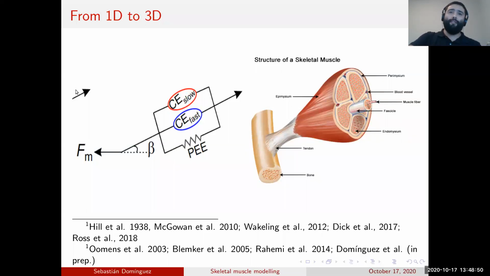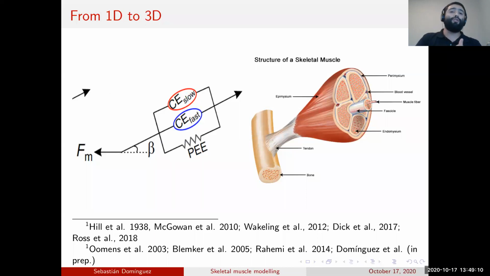So these vectors here are representing a whole muscle now, not a fiber. And this CE fast and CE slow refer to the electrical impulses that come from the brain down to the muscle, and they activate the fibers and make them produce forces, all right?